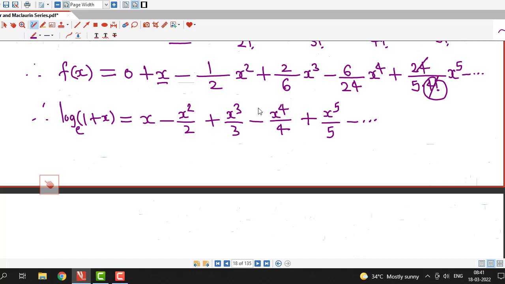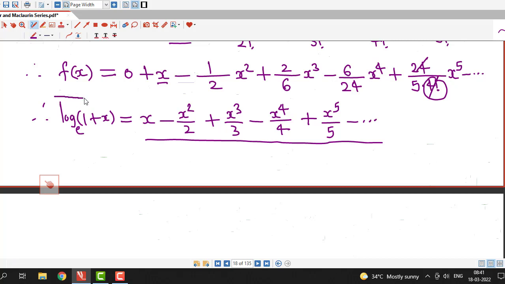So this is the Maclaurin series of log 1 plus x, and we assume that this equality holds for those values of x for which the series on the right hand side is convergent to this function. So with that assumption I have written equality here.